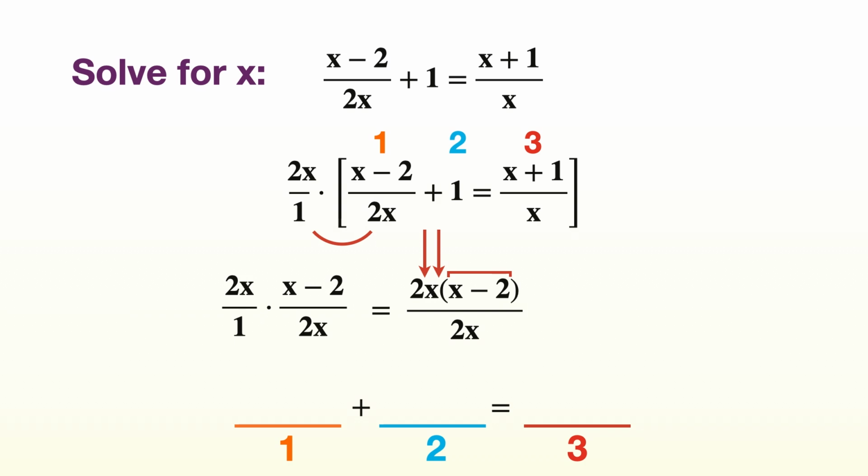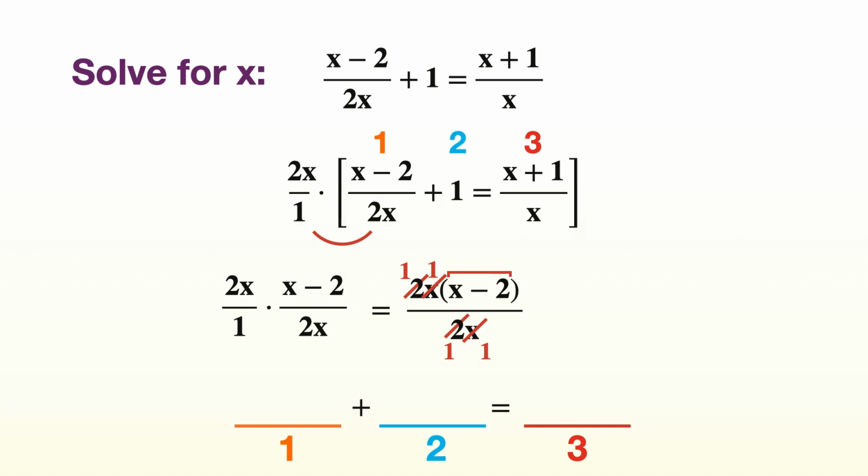In the denominator, we have 2 factors, which are 2 and x. So there is a common factor of 2 on the top and the bottom, which means we can divide each of them by 2, and 2 divided by 2 equals 1. There is also a common factor of x on the top and the bottom, so we can divide each one of them by x, and x divided by x equals 1. There is no factor of x minus 2 in the denominator, so it stays.